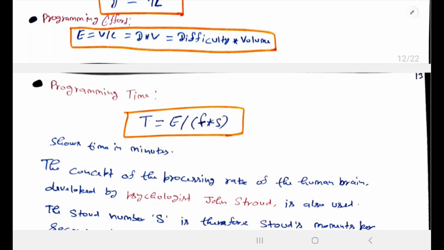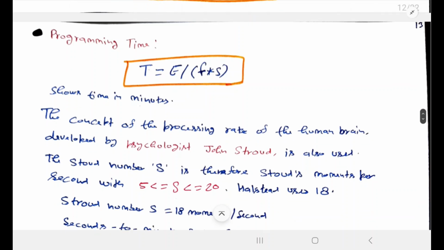Programming time will be T equal to E upon F into S, and the result will be produced in minutes. Here the concept of the processing rate of the human brain, developed by psychologist John Stroud, is also used, and Stroud's number S is therefore Stroud's moments per second, with S greater than or equal to 5 and less than or equal to 20.